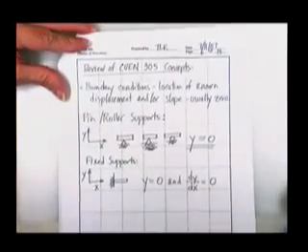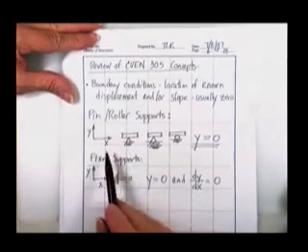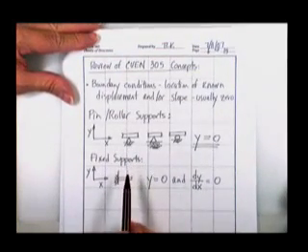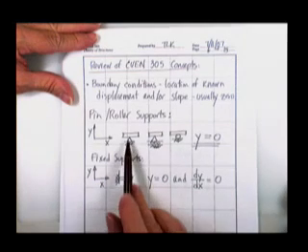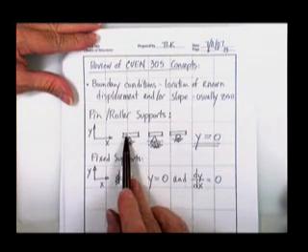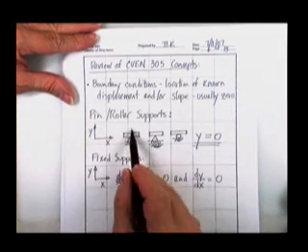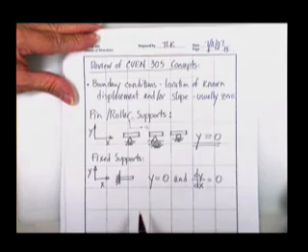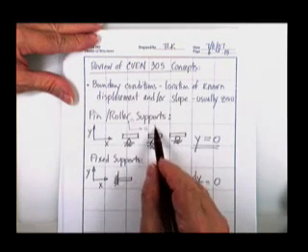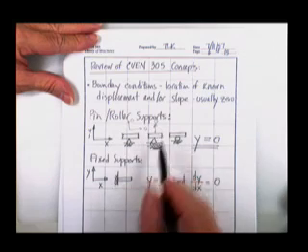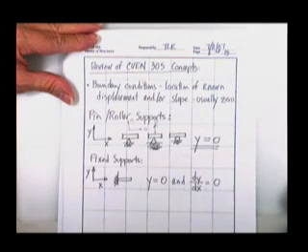A quick summary of your supports. Pins cause the following boundary conditions: no deflection, rotation. If you want some, that's okay. This one, of course, you would say no deflection, and rotation is okay. This one would say no deflection. Deflection this way is unknown and can happen, and rotation is okay. This one says no deflection in that direction.